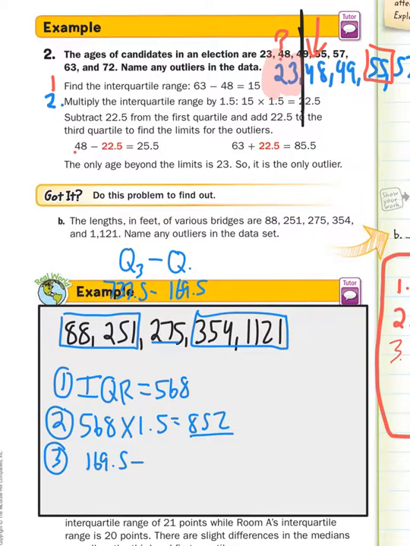So 169.5 minus 852, and I get negative 682.5. That's my lower boundary. Now, for the upper boundary, I take Q3, which is 737.5, plus 852.